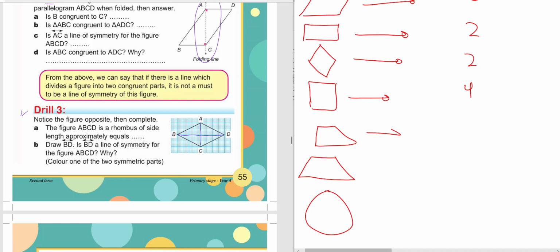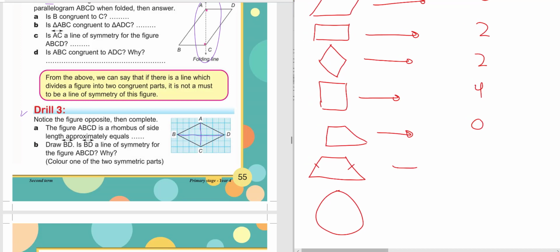Trapezium has no lines of symmetry. Number of lines of symmetry equals 0. Isosceles trapezium has 1 line of symmetry, and the circle has an infinite number of lines of symmetry.